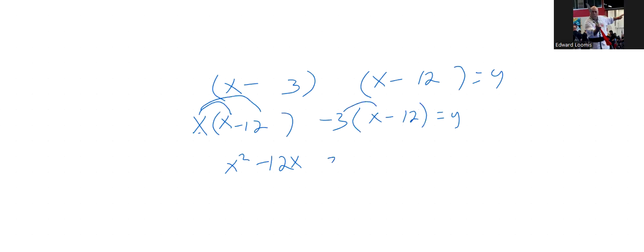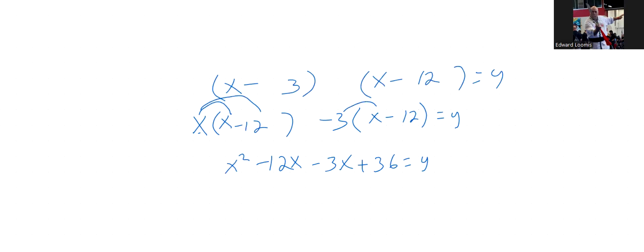Negative times positive is negative. 3 times 12 is 36. Negative times negative is positive. And once again, pay really close attention to the signs. It's easy to lose signs on these types of problems. That whole thing is equal to y. So I've got x squared minus 12x minus 3x plus 36 is y.